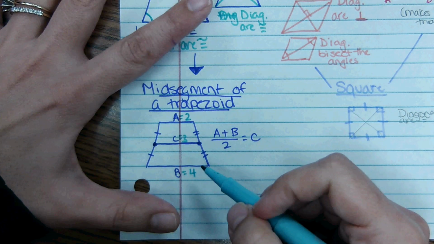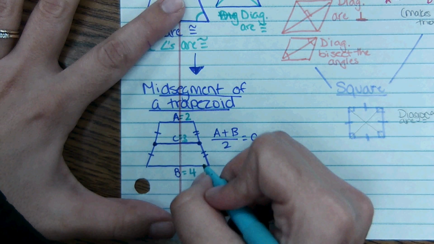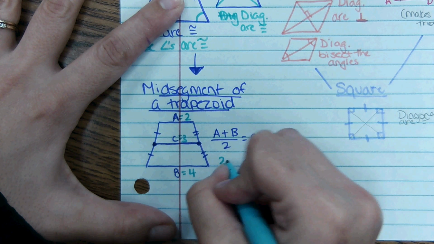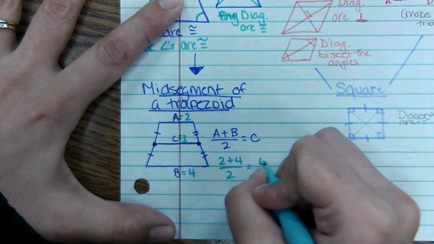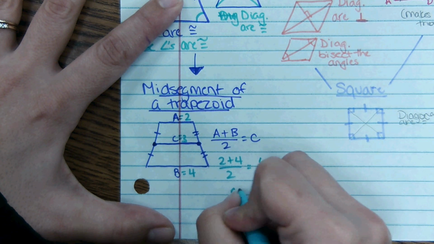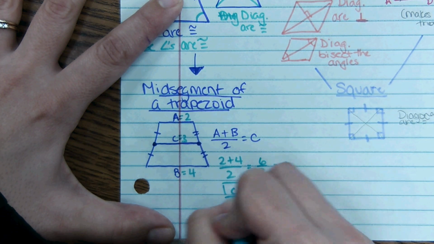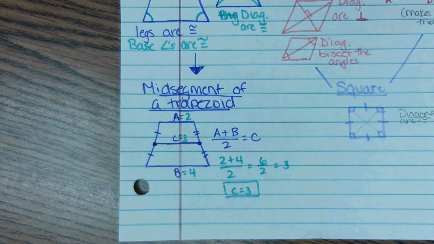Depending on the numbers, you might not be able to just see the middle, so you can find the average of those two numbers: 2 plus 4, divided by 2. That would be 6 over 2, which equals 3. So C equals 3. And that's how you'd figure that out. We're going to practice that in the homework, or the note packet too.